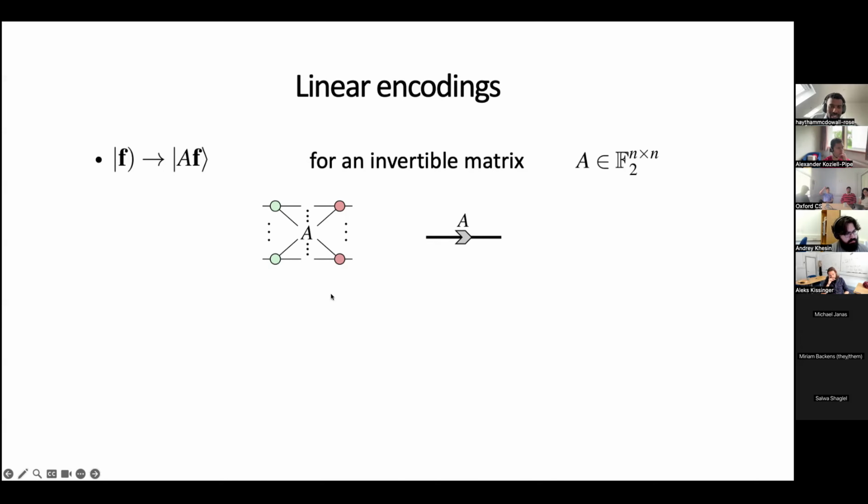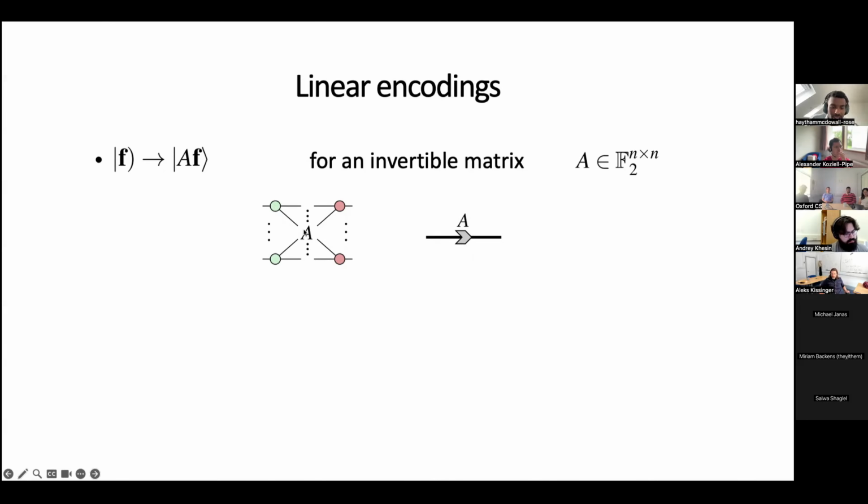And one thing I didn't mention is that for a matrix A, the connectivity between the Z spiders and the X spiders can be read off from the rows and columns of A in a very nice way, which I won't go into here.